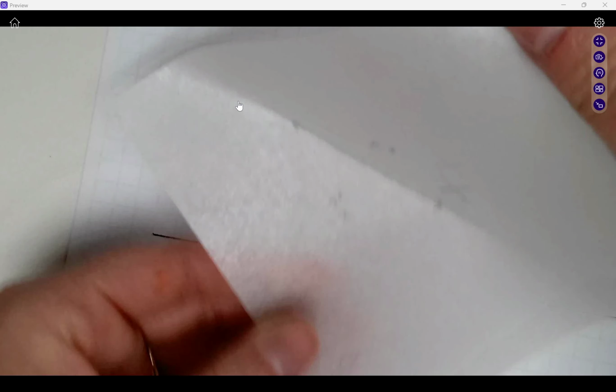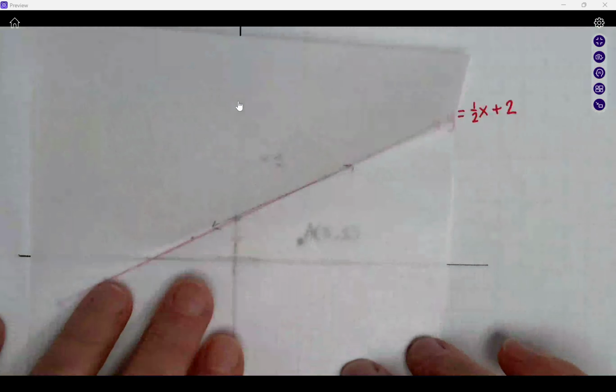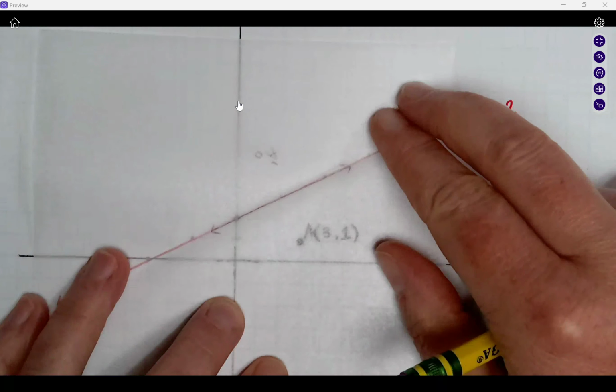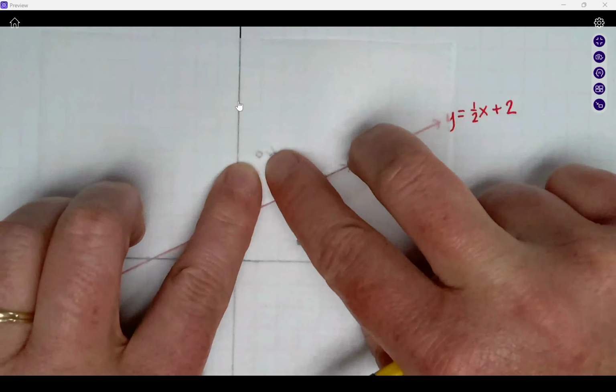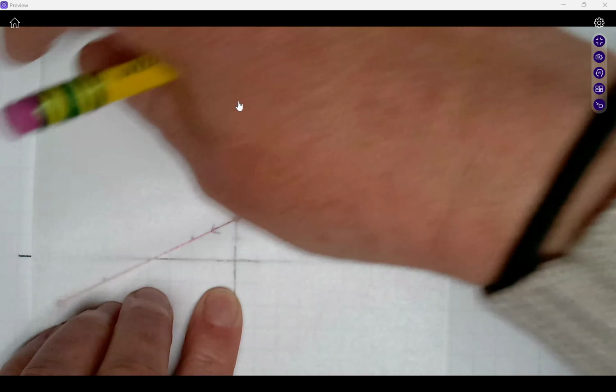I knew that it would look like an A prime flipped over, but I need to work on my writing skills. Anyhow, I'm trying to line everything up to the best of my ability to make it nice and neat, and you can see where A prime landed. Just right here.